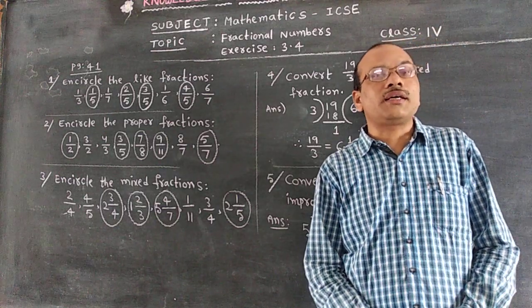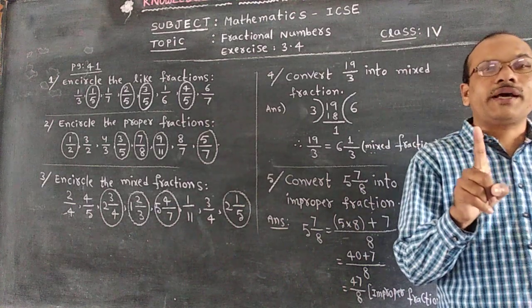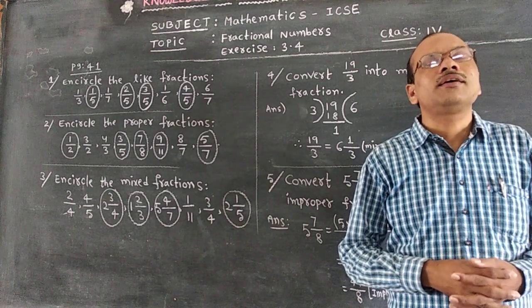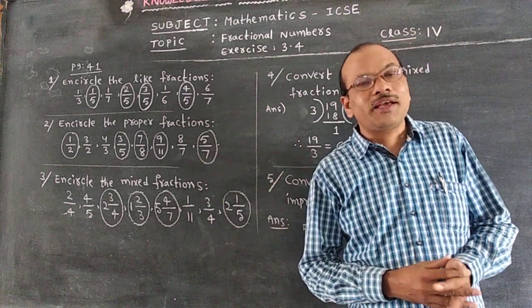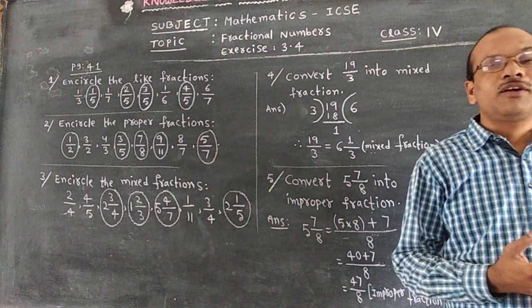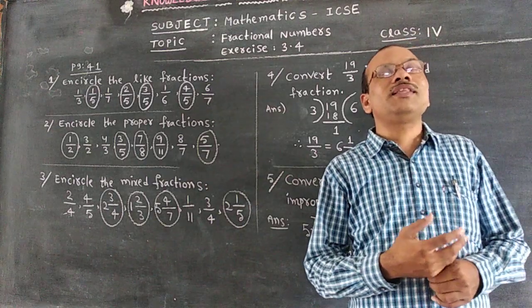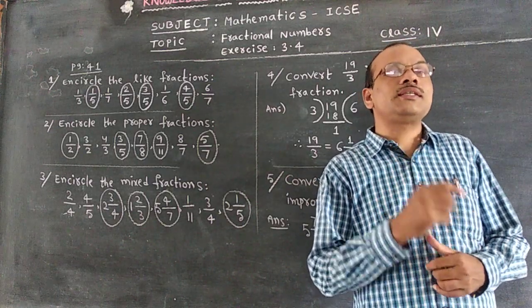If in a fraction the numerator is 1, such a fraction is known as a unit fraction. Suppose 1 by 7, 1 by 9, 1 by 3, 1 by 5, all these are unit fractions since they have 1 in the numerator.